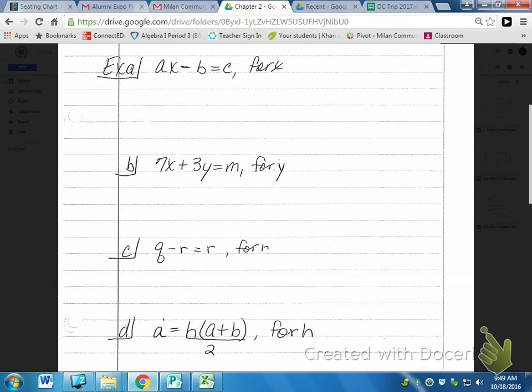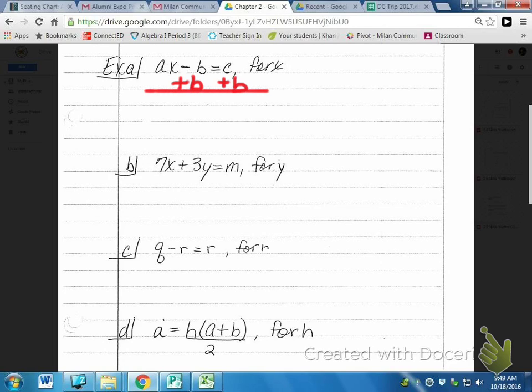Well, thank heavens there is only one x term, and it's ax. I'm going to deal with that last. I've got to take the minus b to the other side. So to take minus b to the other side, you would show plus b, and you do that to each side.